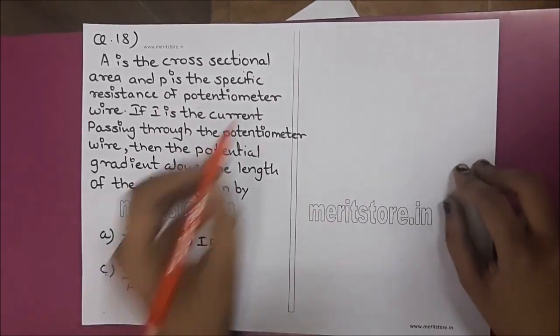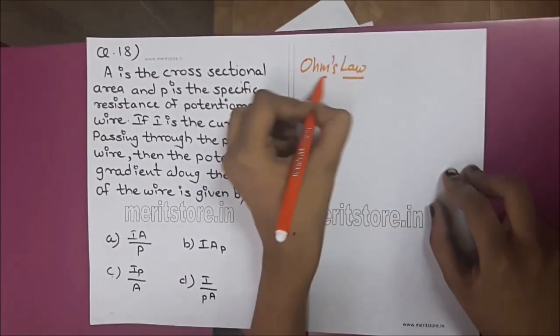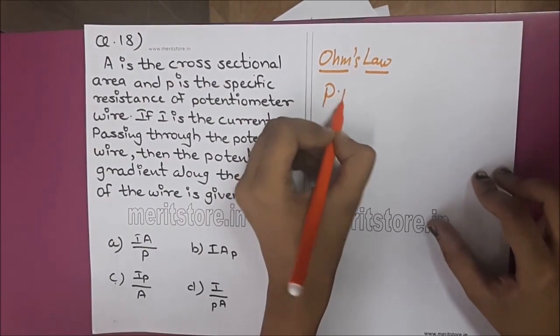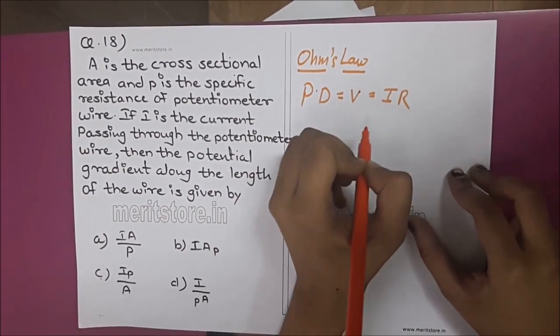So over here, we'll apply Ohm's law, and from Ohm's law, we have potential difference V is equal to IR.